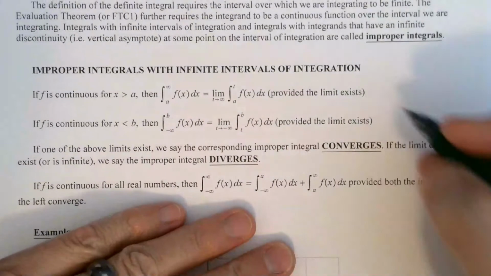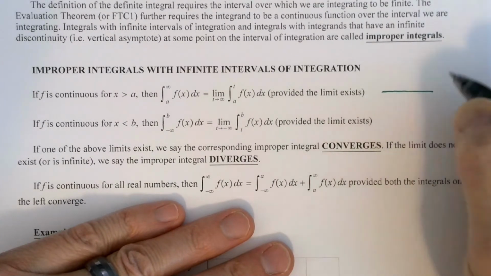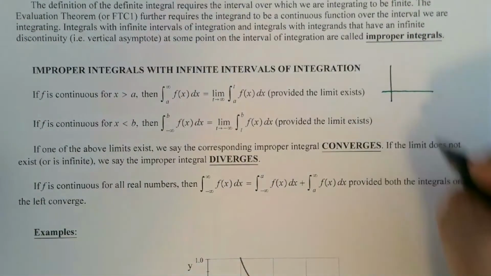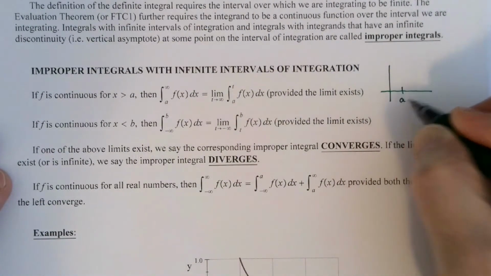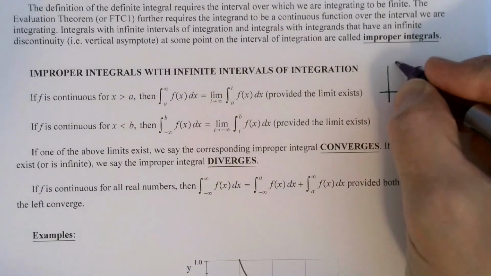Okay. But what's basically going on here is we have the graph of some function, and let's say here's the value of a, and maybe the graph of the function looks like this.